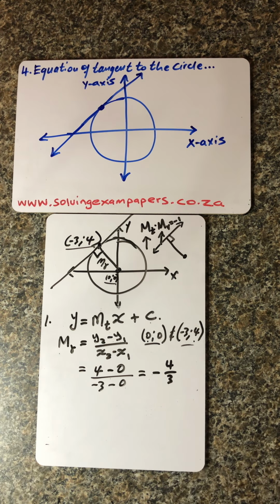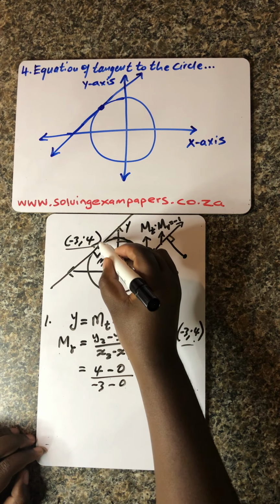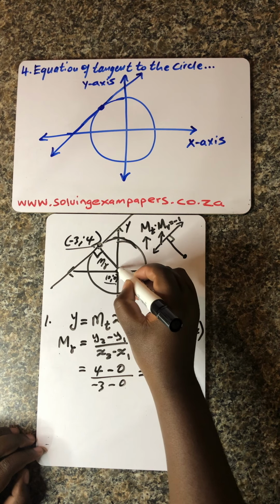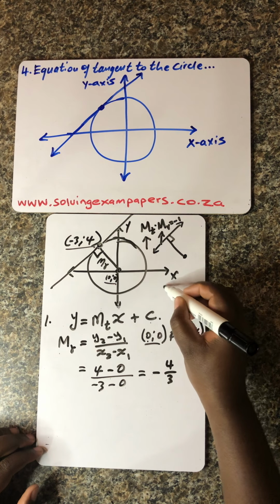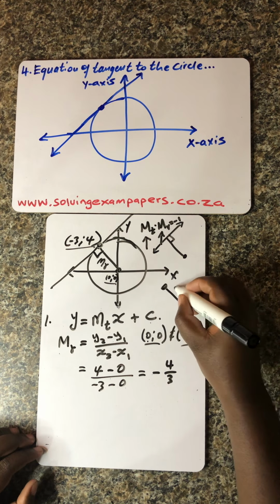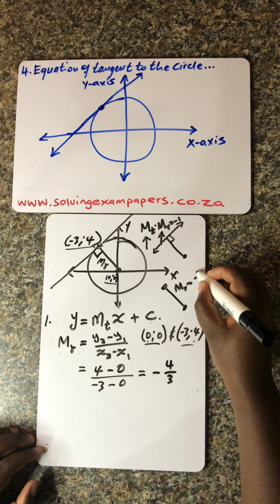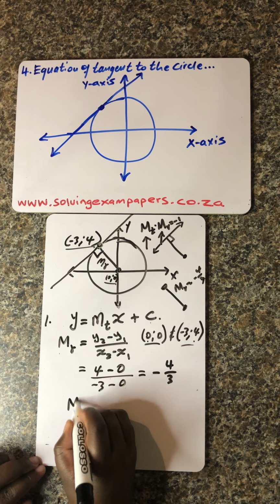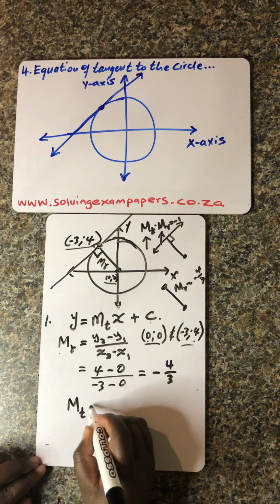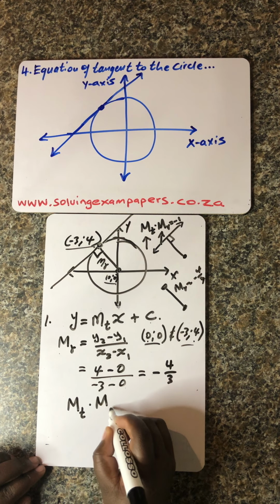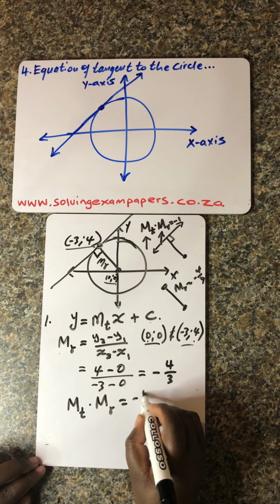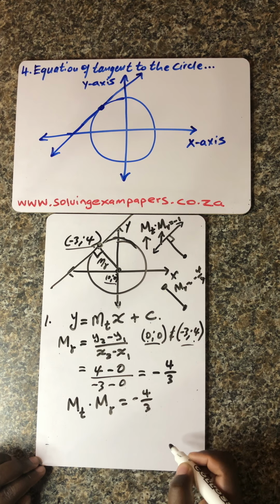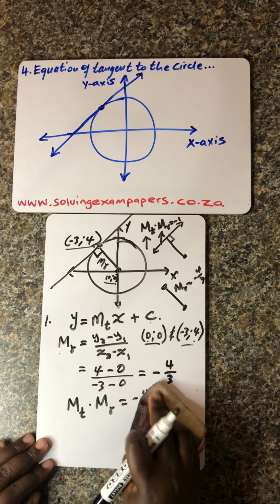You can also punch this on your calculator. So the gradient of that radius, m of r, is equal to negative 4 over 3. Let's now substitute it in that formula: m of t multiplied by m of r is equal to negative 1.